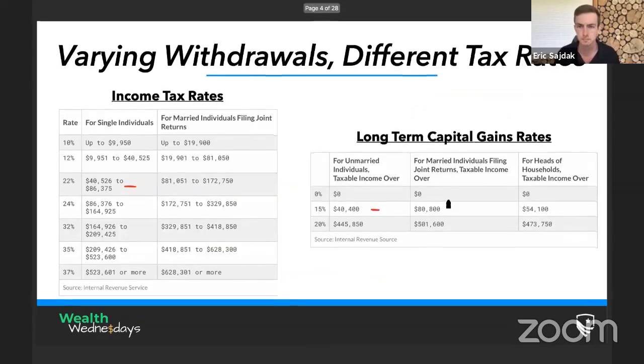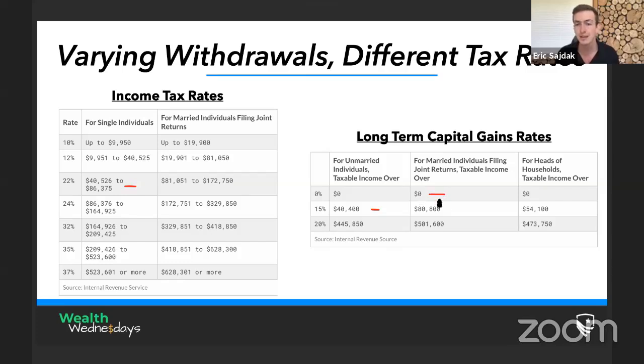What I want to note here is that I'm using married filing jointly. If your taxable income rises above $80,800, your long-term capital gains are taxed at 15%. If your taxable income is lower than $80,800, you will be taxed at 0%.